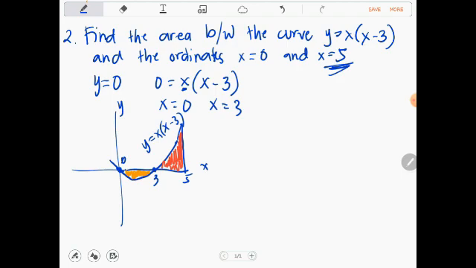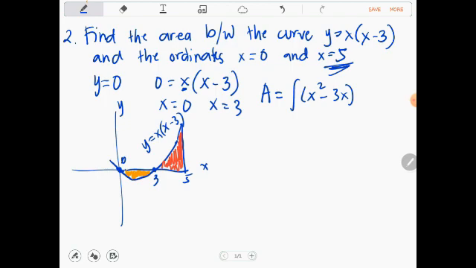Kapag yung ating area or yung area na na-form ng curve sa ating Cartesian plane is below the x-axis, nasa ilalim siya ng x-axis natin, magbibigay siya sa atin ng negative value. Okay? Ngayon, i-plot natin siya sa ating formula. Area is equals to the integral of the function. Lalagay ko na dito yung function mismo, that is quantity x squared minus 3x.